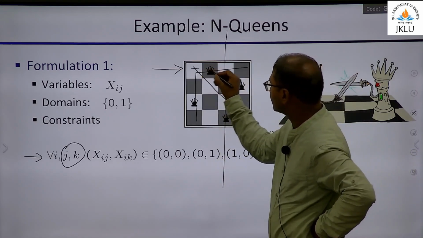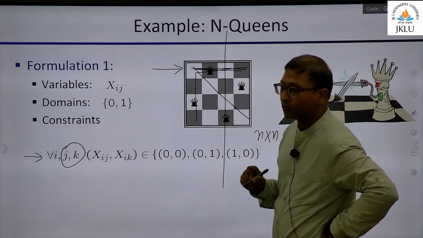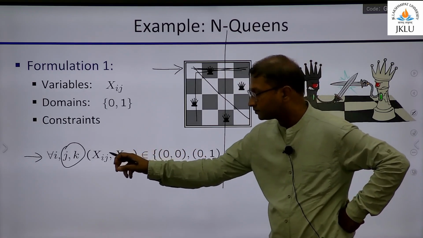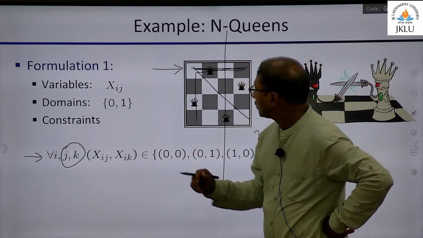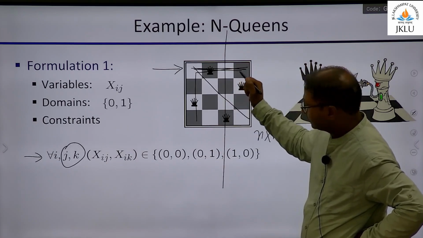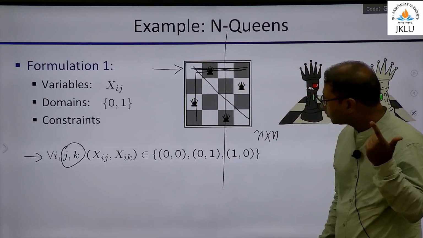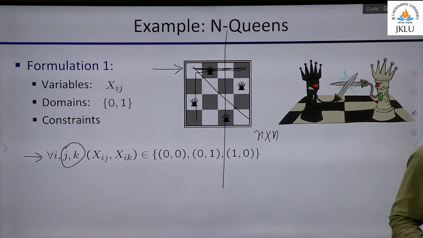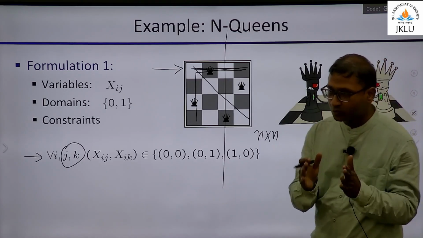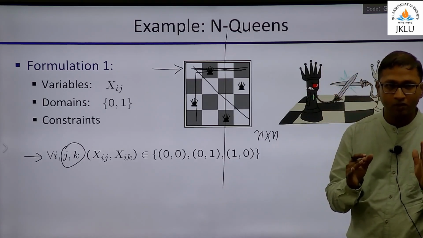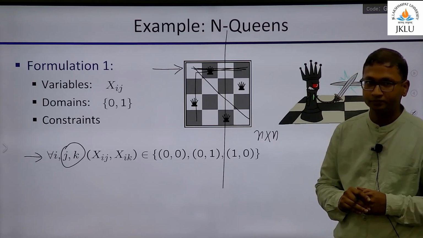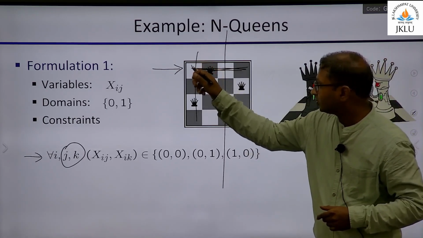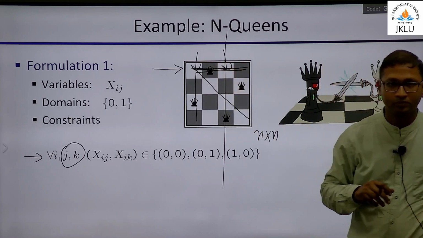So I am talking about this one. What should happen? Either. So in this figure, what is x11 comma x13? What is x11 comma x13? 0 and 0, right?